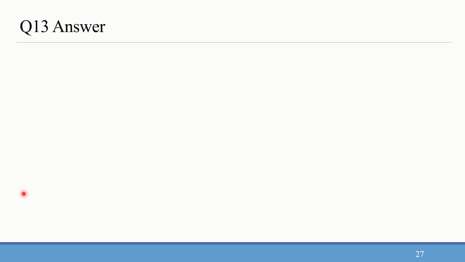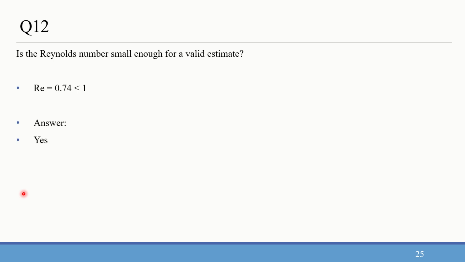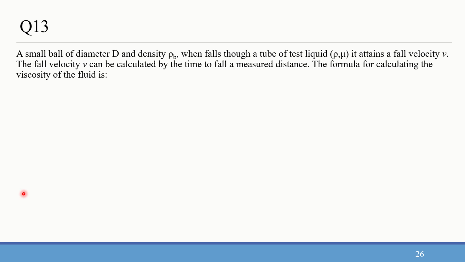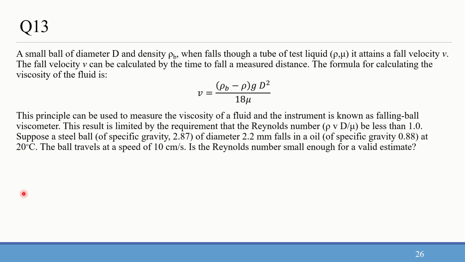So if we go back and look at the question, what was asked is that the falling ball viscometer principle is given, which we have already seen in similar problems in today's session itself.